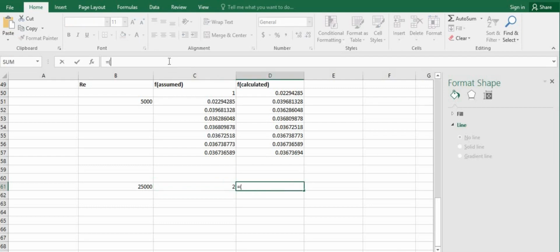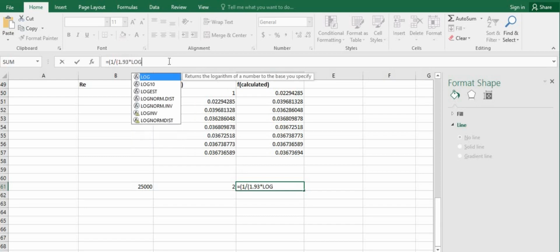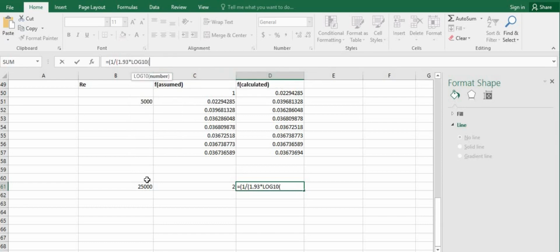That's equal to an initial bracket 1 divided by another bracket for the denominator, then 1.93 multiplied by log to base 10 of your Reynolds value with the dollar signs multiplied by your assumed f raised to the power of, let's say, 1 over 2 in bracket.